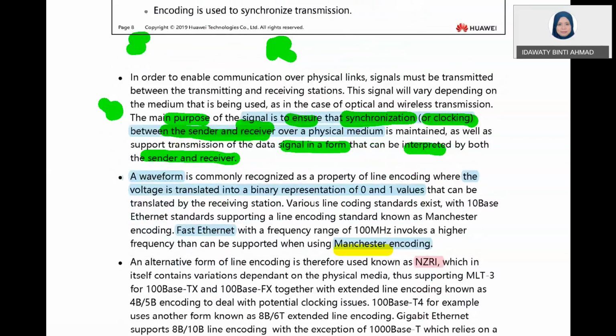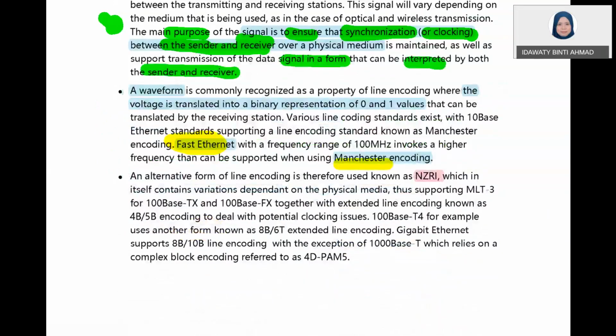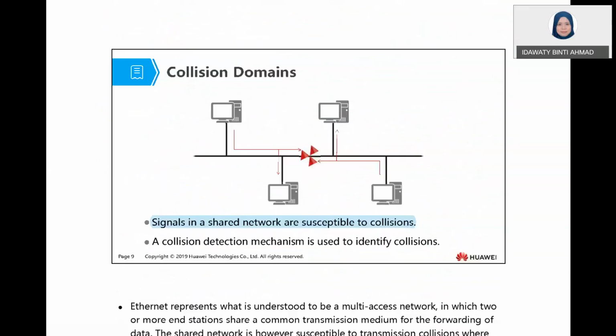It's being used by Fast Ethernet, and I guess this one you have to memorize, probably. Gigabit Ethernet uses 8B/10B line encoding. This is for you to check by yourself, the difference between these encoding techniques. I'm not going to cover it here.